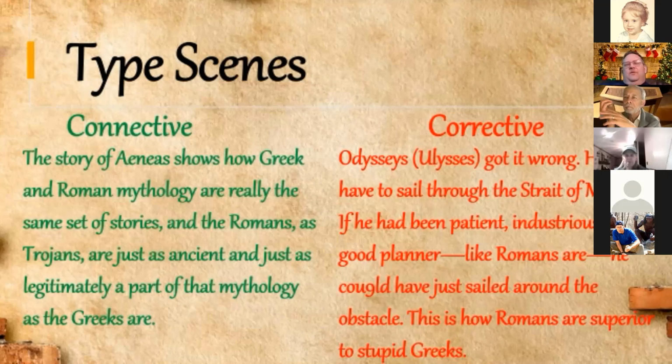So the type scenes are at once connective and corrective. Now, I want you to think about this in the Book of Mormon context, because the Book of Mormon is actually doing something very similar to what the Aeneid was doing, in that Americans in the Jacksonian age in the 1820s and 1830s were almost all Christian, but Christianity came from a foreign country.